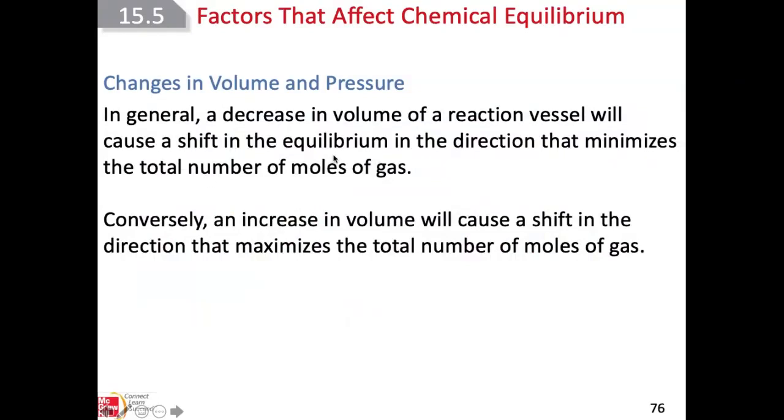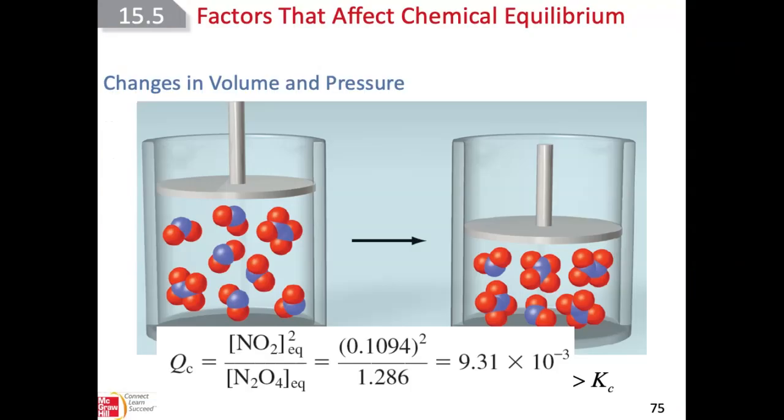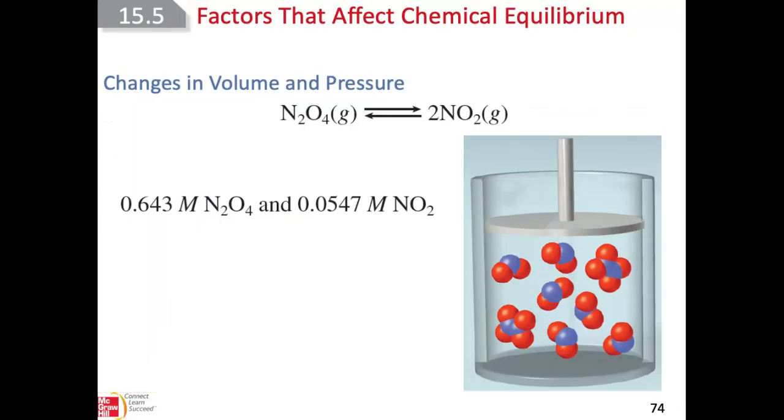So in general, a decrease in volume of a reaction vessel will cause a shift in equilibrium in a direction that minimizes the total number of moles of gas. And if I increase the volume, it will go to the side with the greater total number of moles of gas. So take a look at this one. This is 1 mole of a gas, this is 2 moles of a gas.